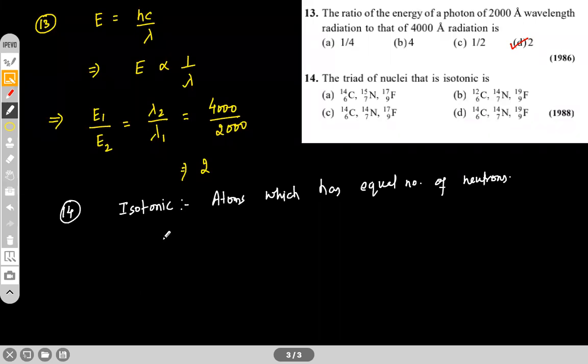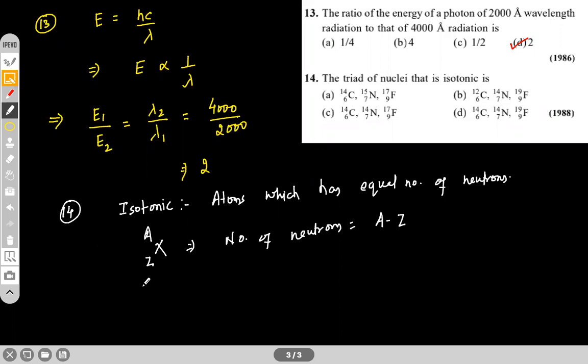Suppose we have an atom X, with mass number A and atomic number Z. So the number of neutrons is A minus Z. That is the formula we have. Let us use this formula here.